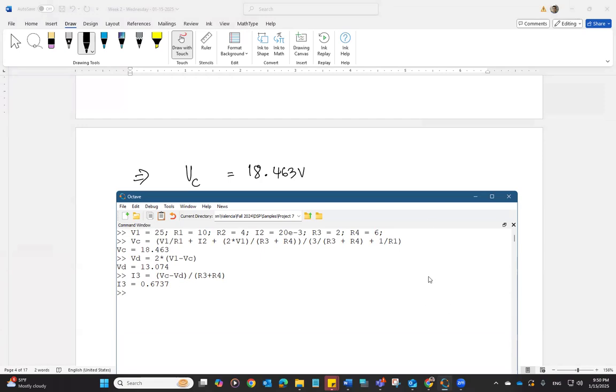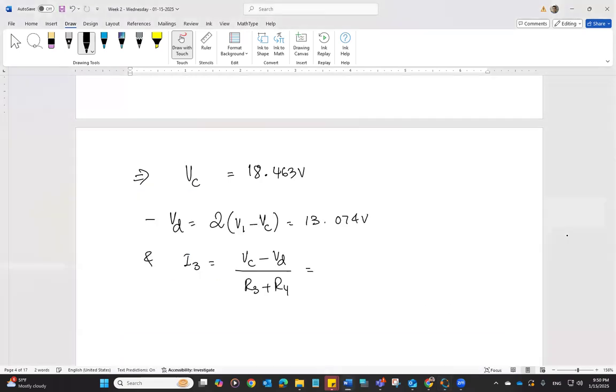So let's write this down: 0.6737 ampere. Okay, so now we calculate VA.